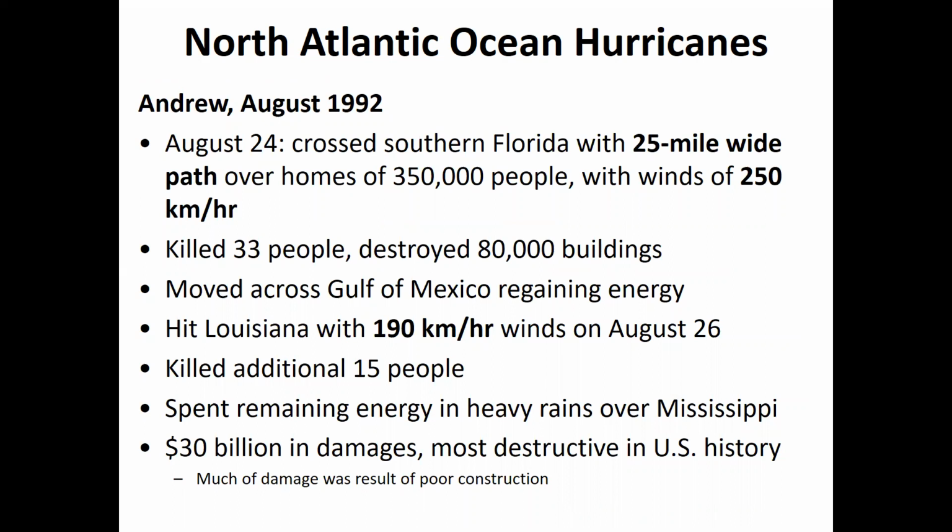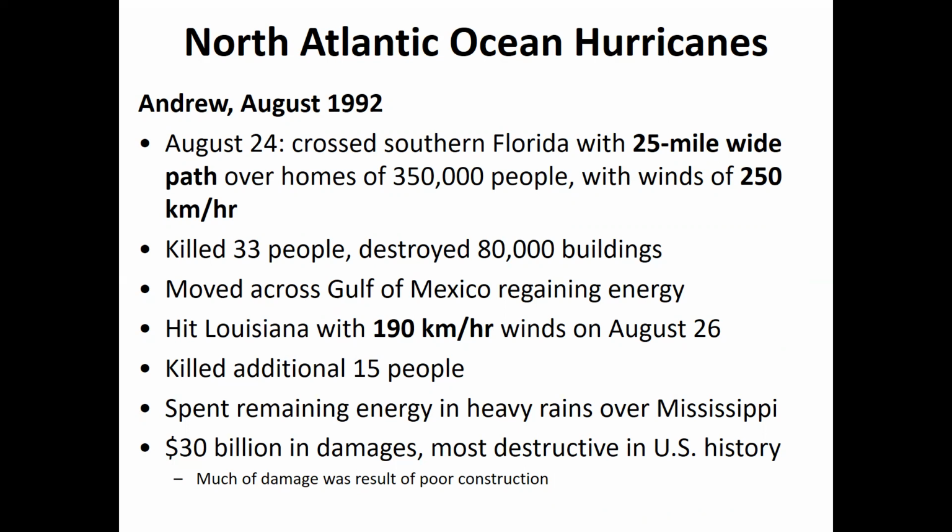August 24th crossed the southern tip of Florida with a 25-mile wide path of over 350,000 people. Their homes were significantly damaged and wind speeds of 250 kilometers per hour. 33 people were killed, destroying a total of 80,000 buildings, completely destroyed.